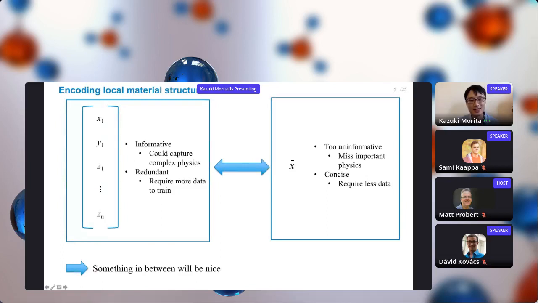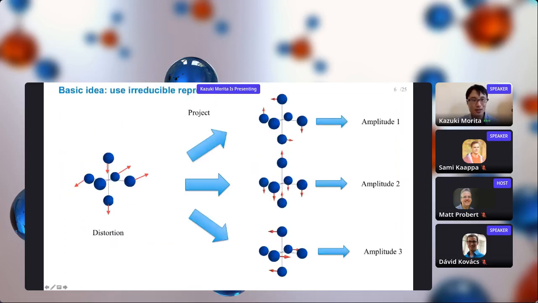We would like to encode a local structure. Our approach is to use group theory and irreducible representation. Let's say we have an ideal octahedra like this, and the octahedra within the crystal is distorted from this structure.